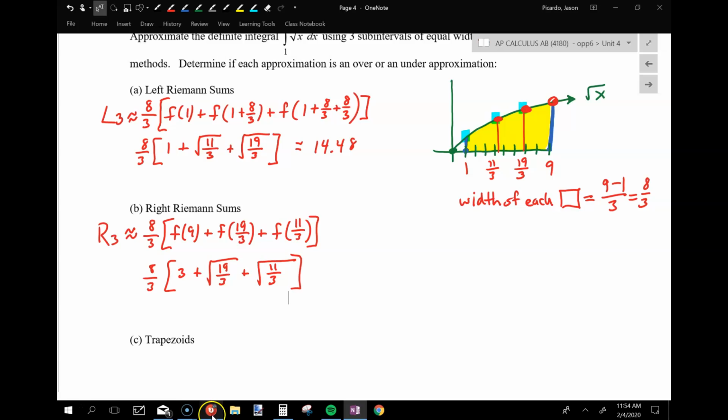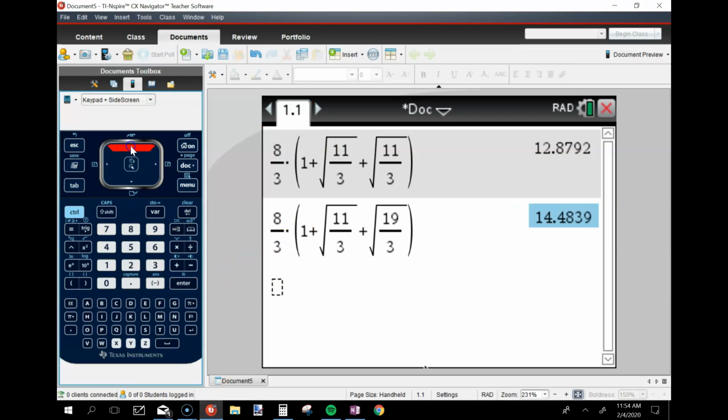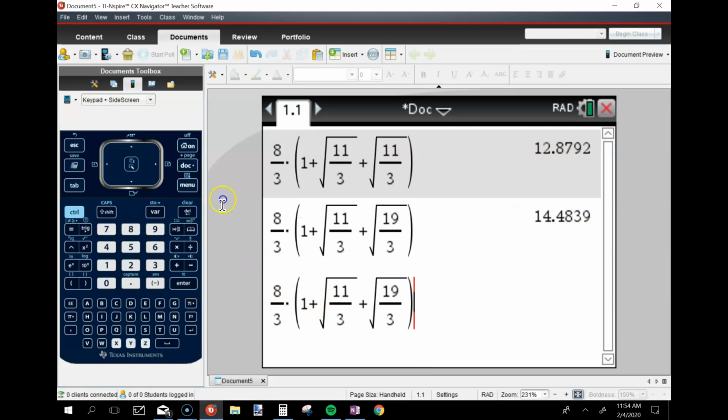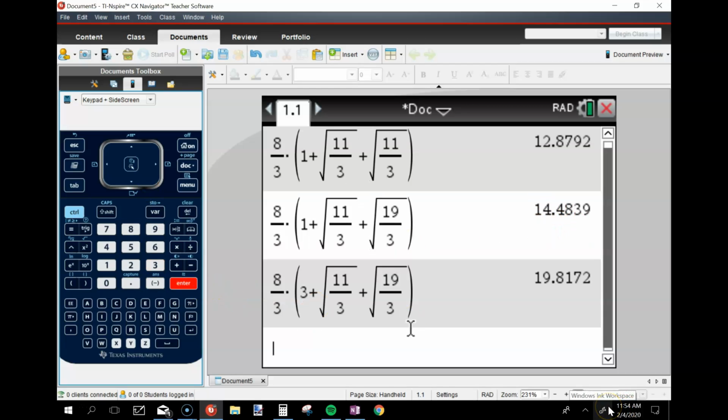It's nice being a math teacher. 16/3 is a little more than 5. So this number should be like 19 and some change. There you go. 19.81, 19.82.